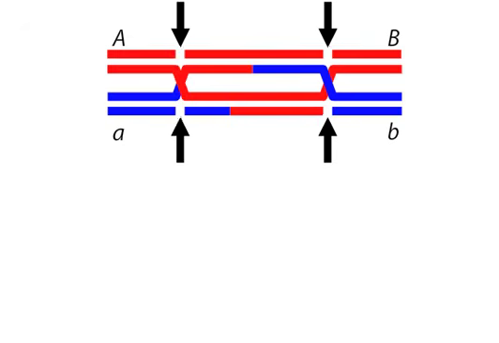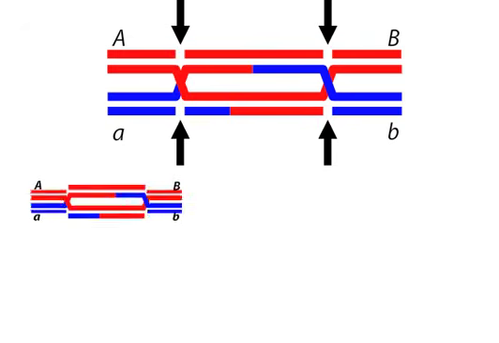There are two ways to resolve each Holliday junction by single cleavage and rejoining. So there are 4 ways to resolve the double Holliday structure by 2 cleavages and rejoinings. 2 of these combinations of cleavage and rejoining generate non-crossover recombinants.